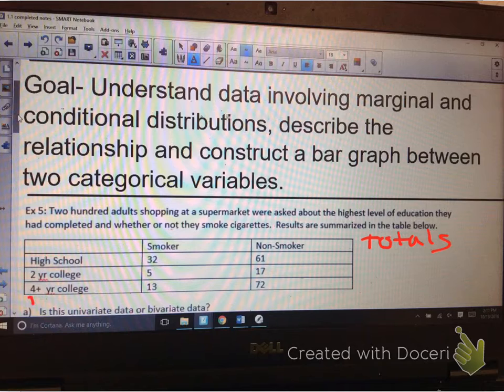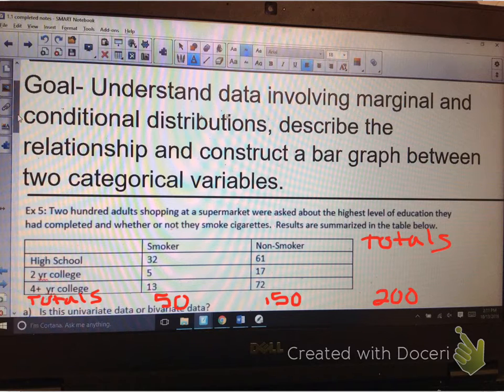So let's do this now. Okay, so the total smokers is 32 plus 5 plus 13, which gives us 50. The total non-smokers is 61 plus 17 plus 72, which is 150, for a grand total of 200.